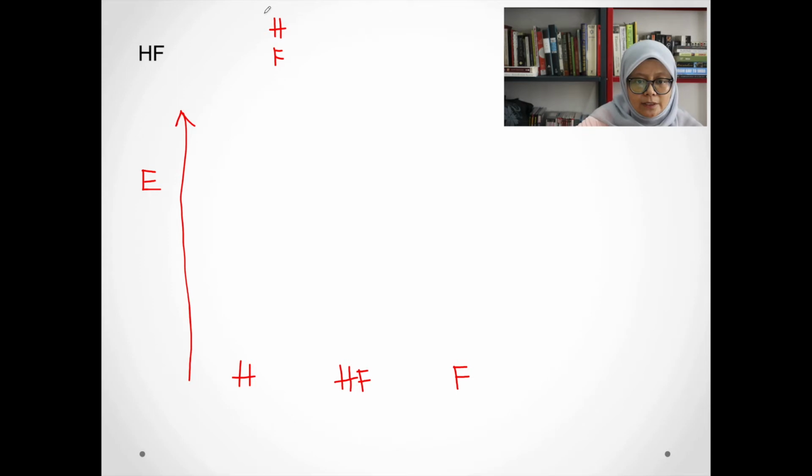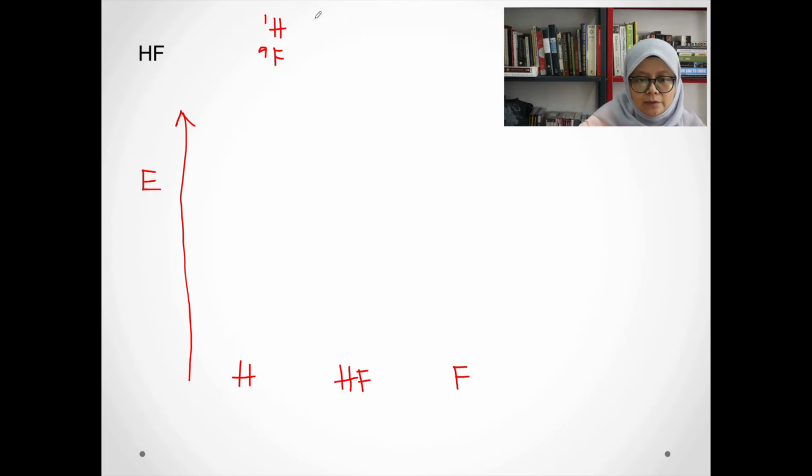Hydrogen has proton number 1, while for fluorine, let's check the proton number, 9.